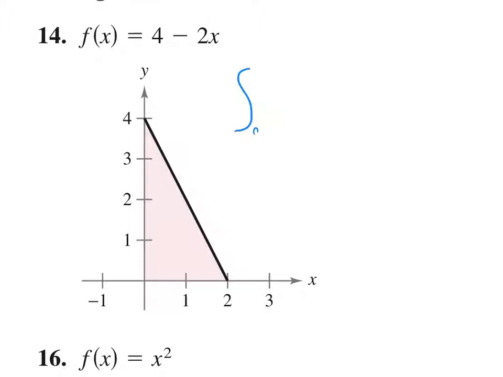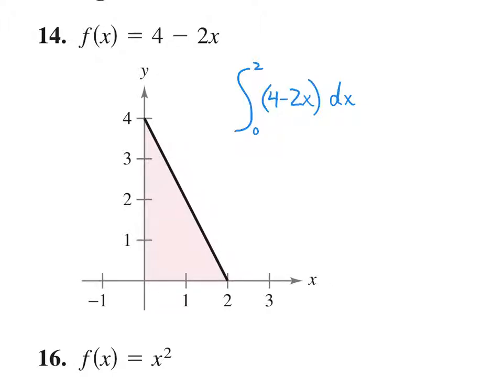So from 0 to 2 of the function 4 minus 2x. Parentheses are optional because this dx tells us where the integral ends. And that's all you need to do at this point. You know how to find antiderivatives, but you don't know yet how to handle the area.